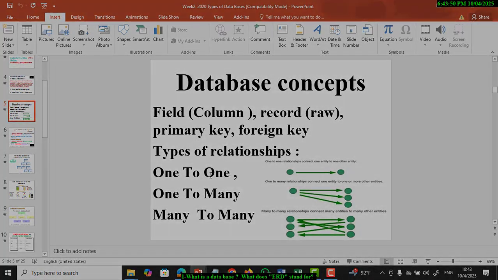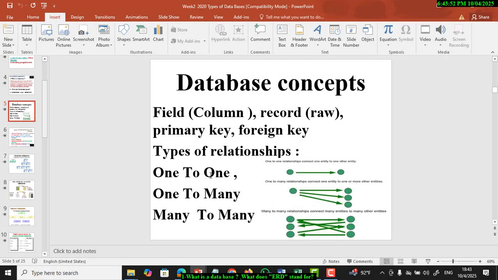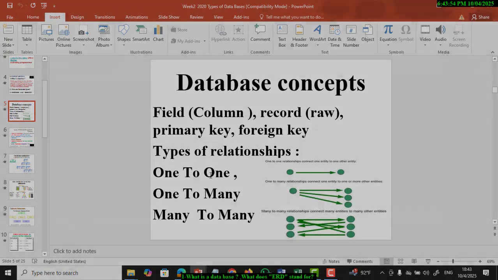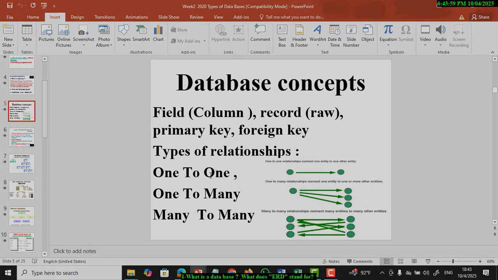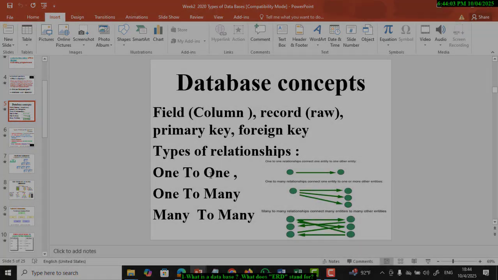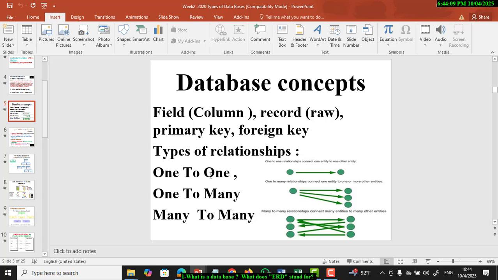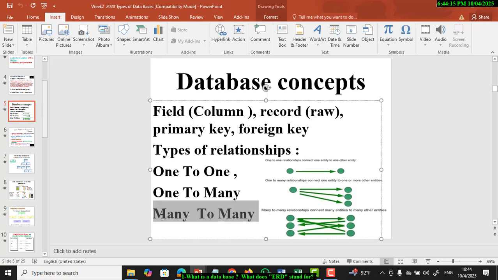So we have 3 types of relations in a relational database: 1 to 1, 1 to many, and many to many. Actually, many to many is divided into 2 relations. So we have 3 types, but this one consists of 2 one-to-many relations.